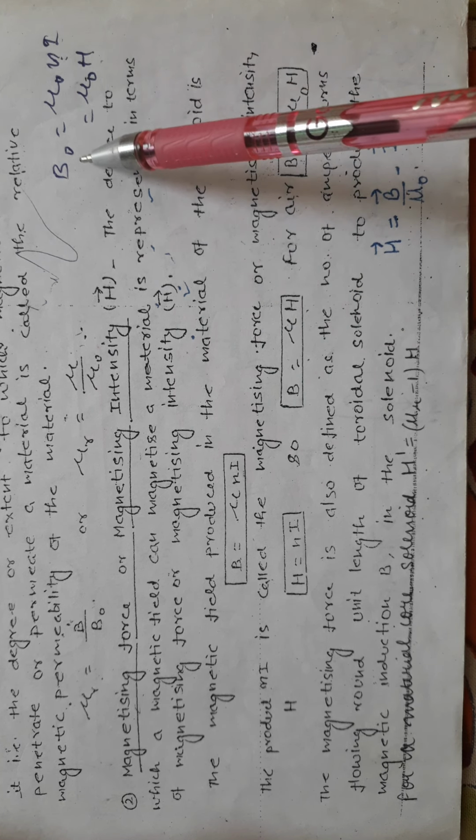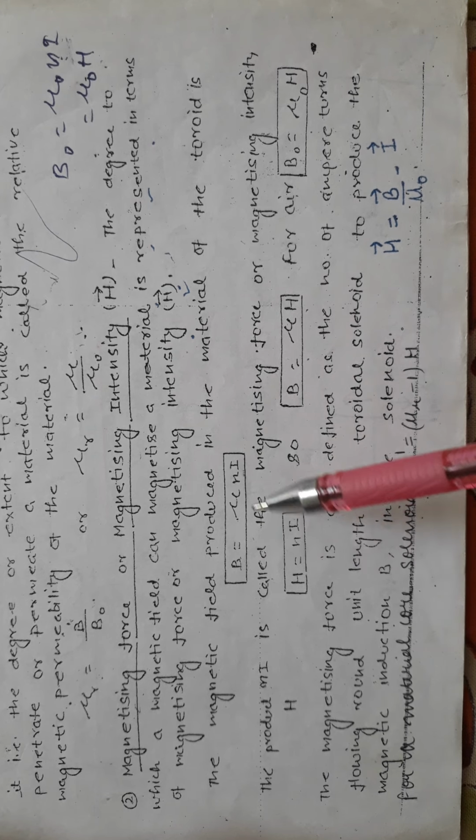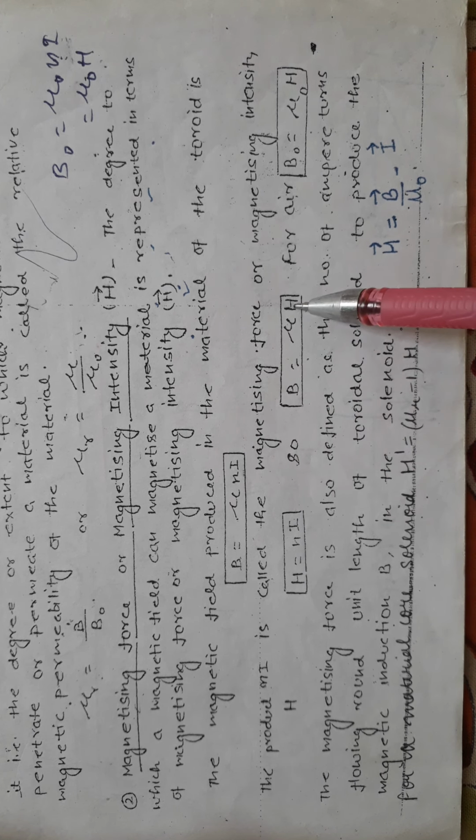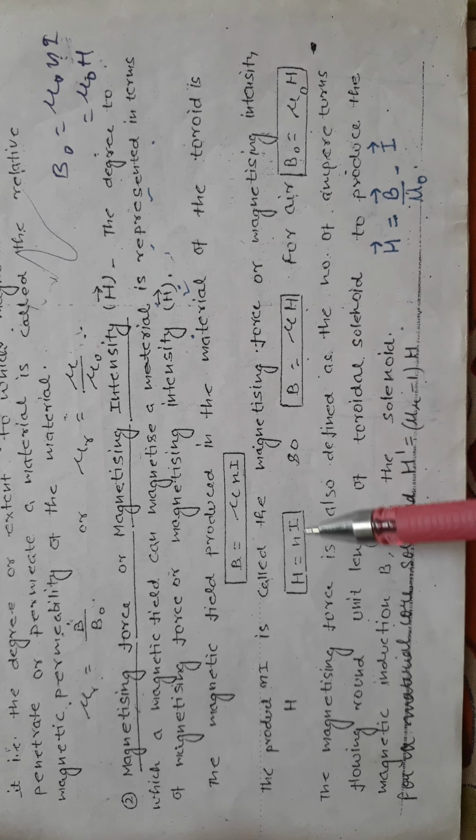So the degree to which a magnetic field can magnetize a material is represented in terms of magnetizing force or magnetizing intensity H. So B is equal to mu Ni, in which Ni is H, so B is equal to mu H, or H is equal to Ni. This is the property of the external magnetic field.